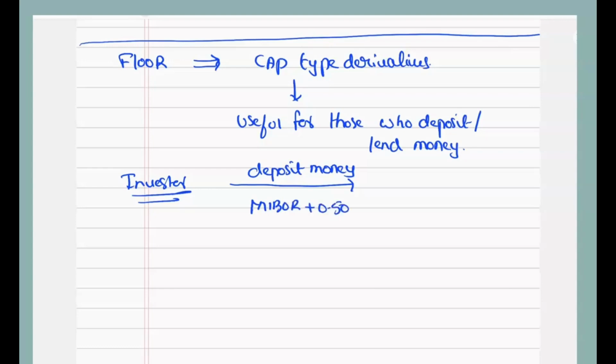You have decided to deposit the money on a floating rate basis. In a similar way, you will be buying the floor, which is the option type derivative. So you have deposited the money at the floating rate, which is MIBOR plus 0.50, and you also purchase a derivative contract, the option type derivative contract, which is called a floor, right?